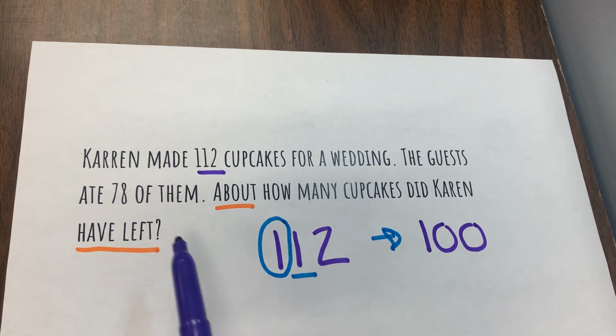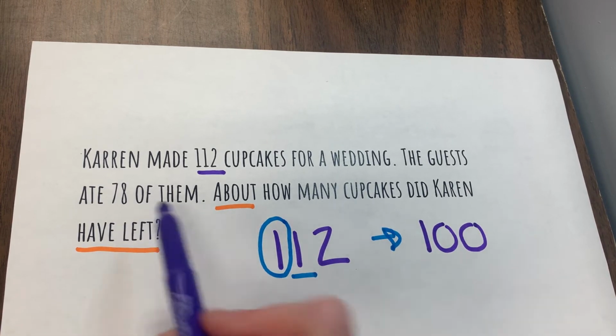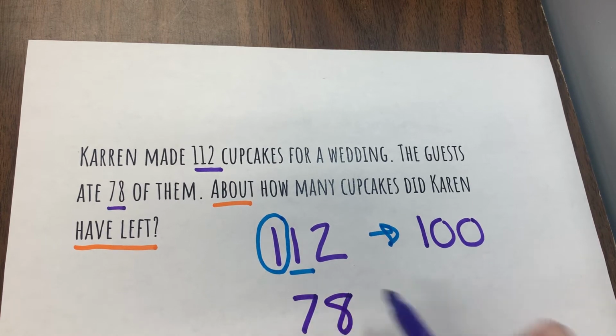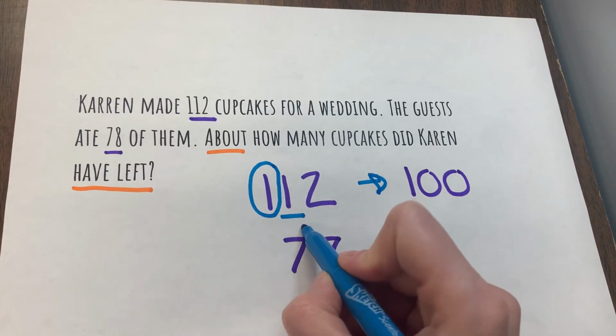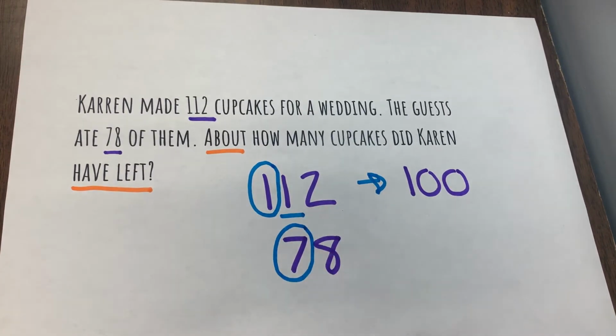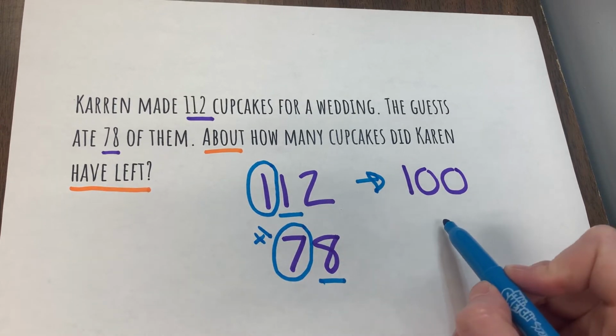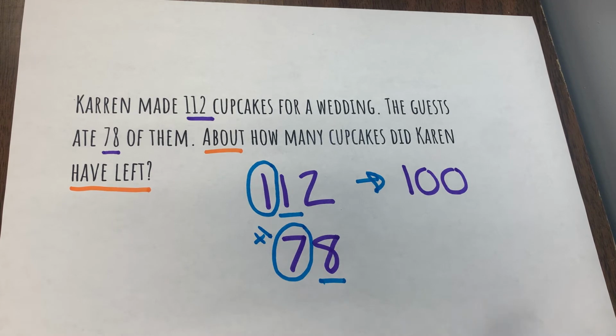Okay, the next number we have is only a 2-digit number, 78. Round to the greatest place value, which is the 7 in the tens place. Look to the right and underline it, it's an 8. 8 is going to follow the rule 5 through 9, add 1 to the game. 7 plus 1 is 8.